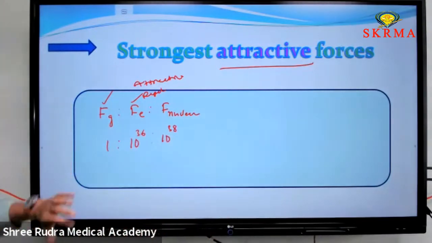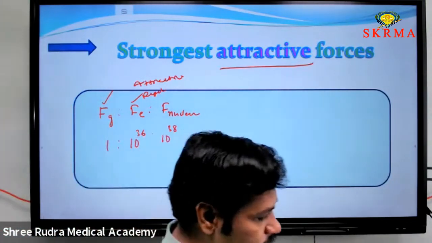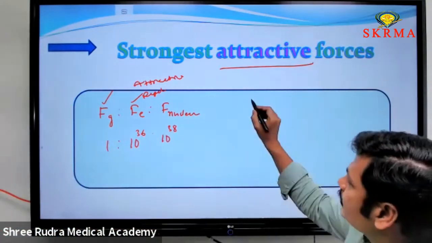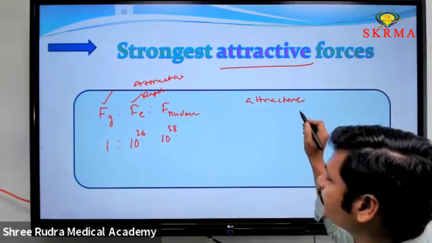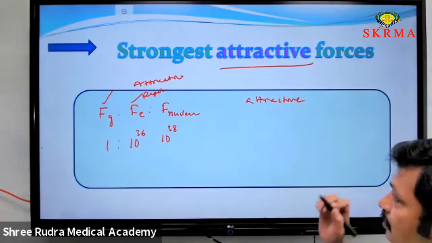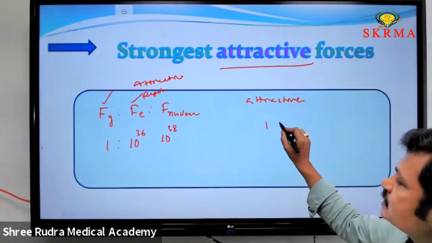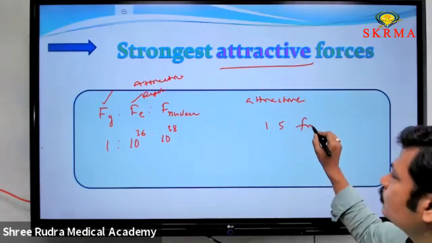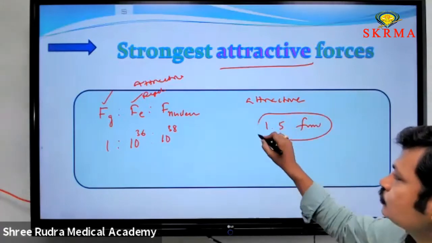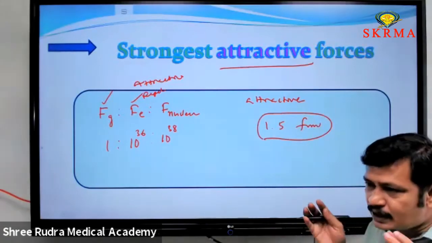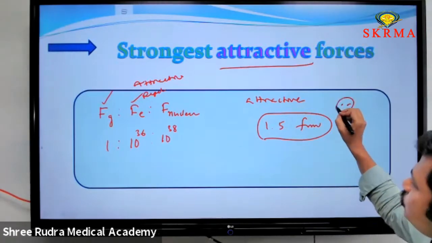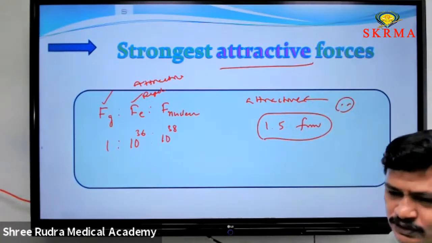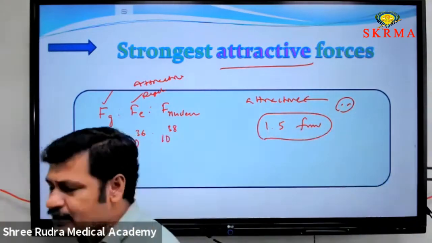That is the electrostatic nature. But the nuclear forces are very strong and only attractive. You have to keep in mind that these forces are predominant only at average distances of about 1.5 Fermi. If two nucleons are very close to each other, then only these forces act. Otherwise, the nuclear forces are negligible.